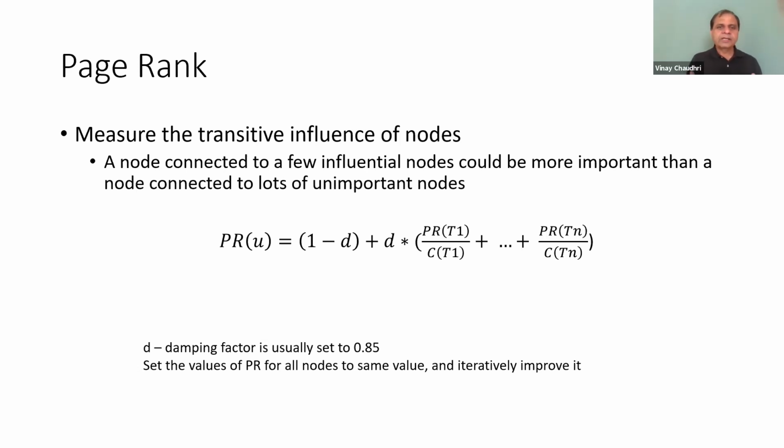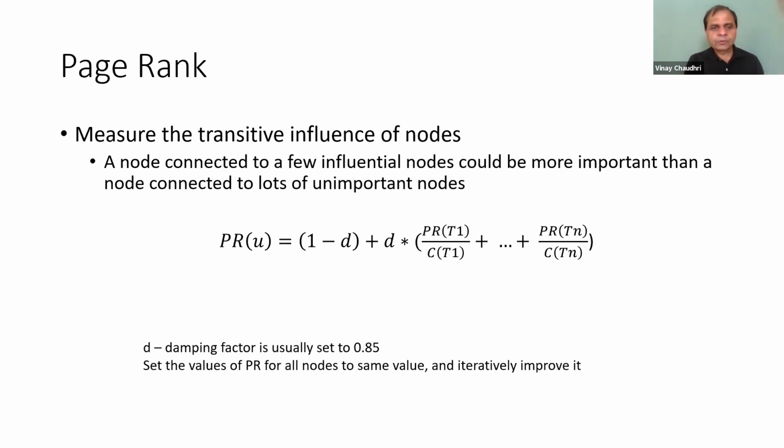And as I was saying earlier, the basic idea here is to take into account the influence of other nodes on a given node within the network. The algorithm is iterative, and it's built around this formula that you are seeing here on the screen, and I'm going to walk you through this.